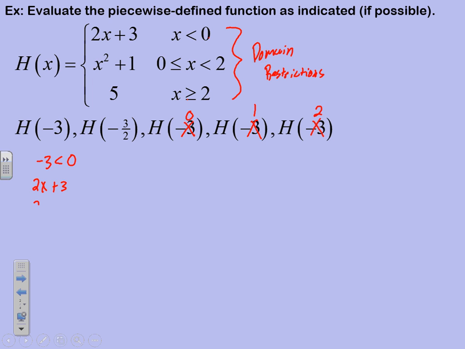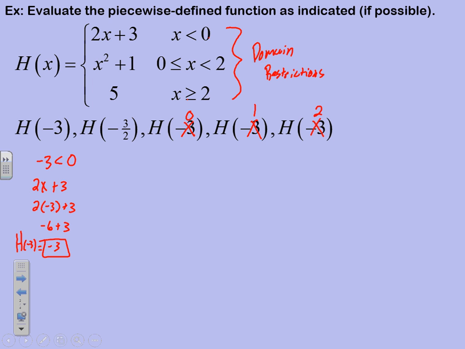So I get 2 times -3 plus 3, which is -6 plus 3, which ultimately is just -3. So h of -3 is equal to -3.